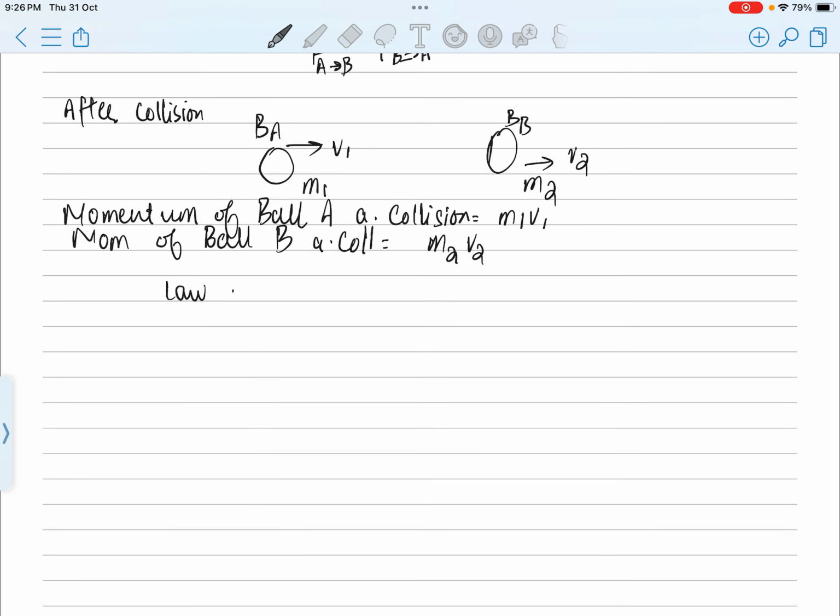So, law of conservation of momentum. The law of conservation of momentum states that in an isolated system, the total momentum before collision equals the momentum after collision. How?